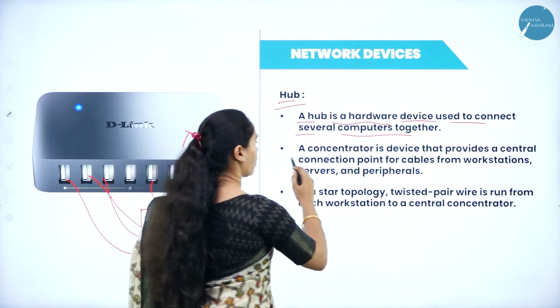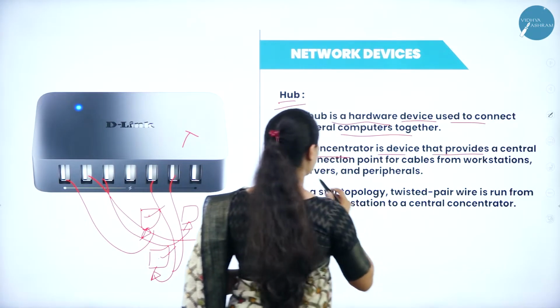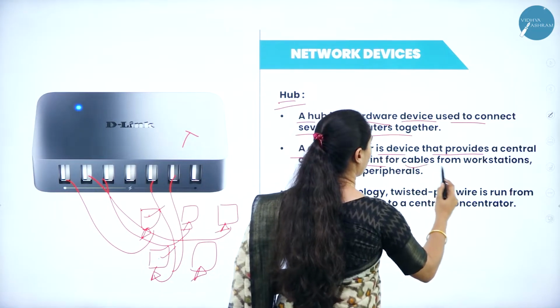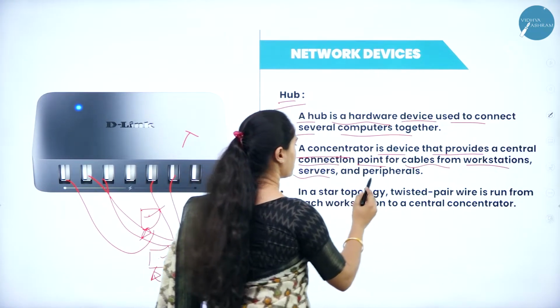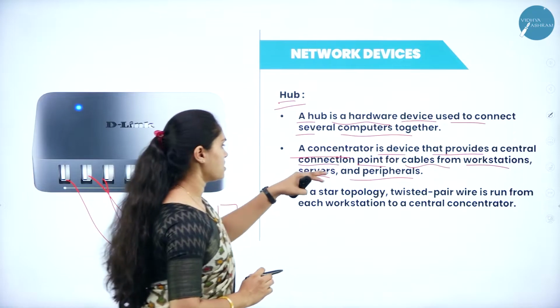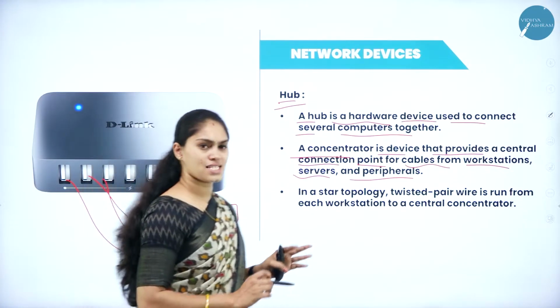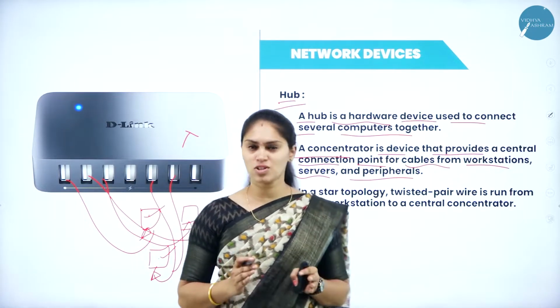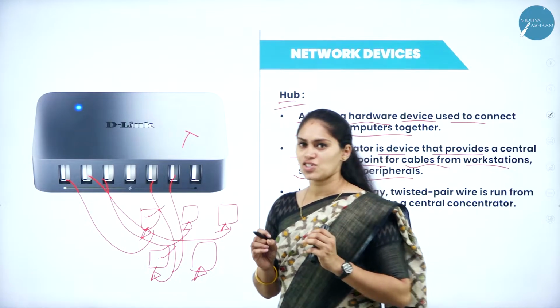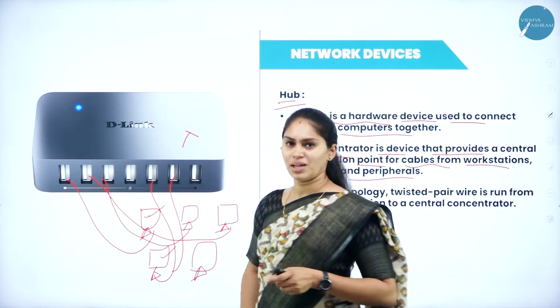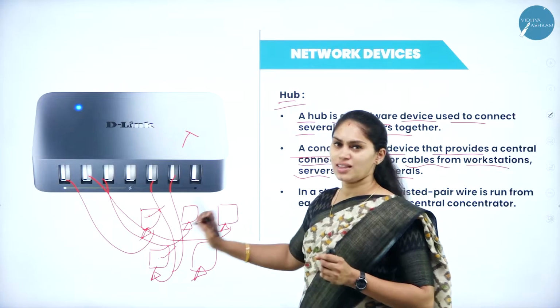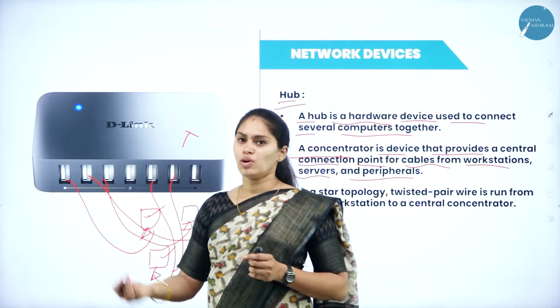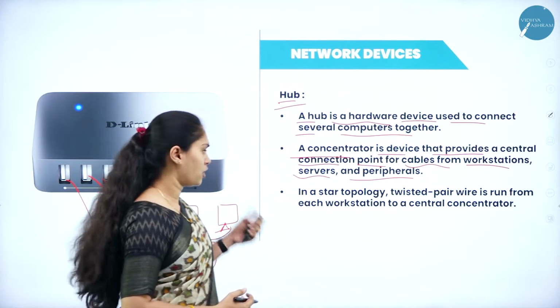So here, a concentrator is a device that provides a central connection point for cables from workstations, servers and also peripherals. Hub is also considered a central connection point where it is going to communicate with all the workstations, all the peripheral or external devices, whatever I want to communicate with this hub.